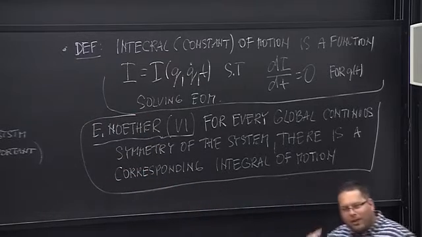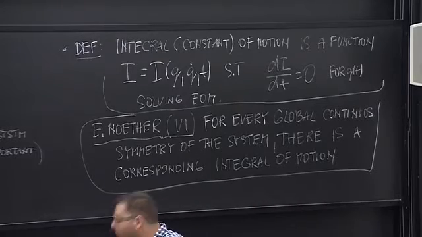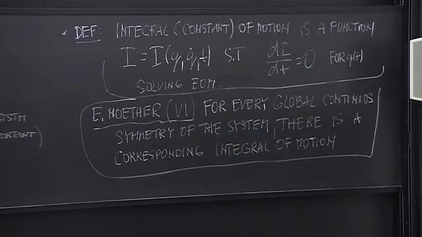So it says whenever I can find a symmetry, meaning, for example, the Lagrangian doesn't change in time. So as I evolve in time, the Lagrangian stays the same. Then there is a corresponding conserved quantity, meaning there is a corresponding constant of motion. And in this case, it would be like a generalized energy. Okay.